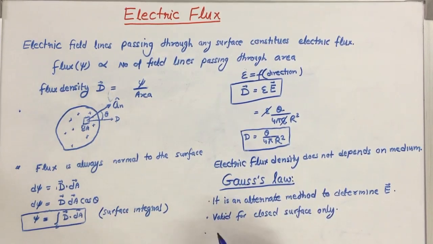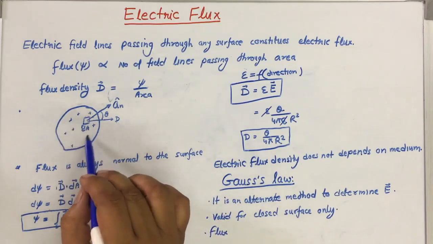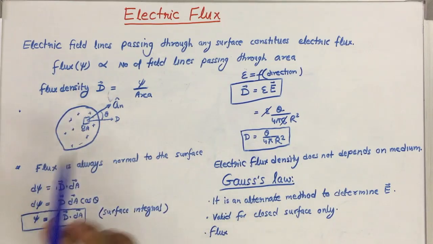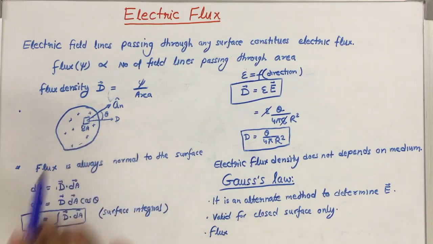And Gauss law states that the flux passing through any closed area is equal to the charge enclosed by that surface.